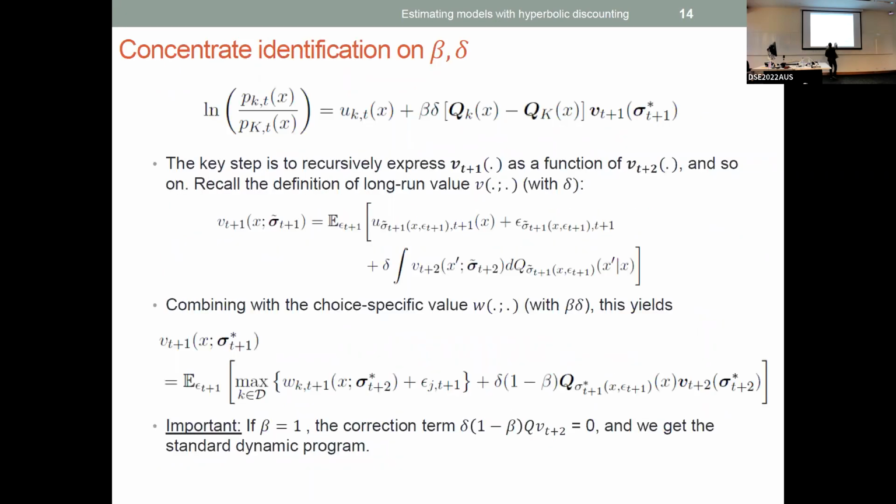If you expand it, you see that it's just delta times Q times V, which is part of your long-run value function, minus delta times beta times this same thing, which is basically canceling out what was being done in the W function.